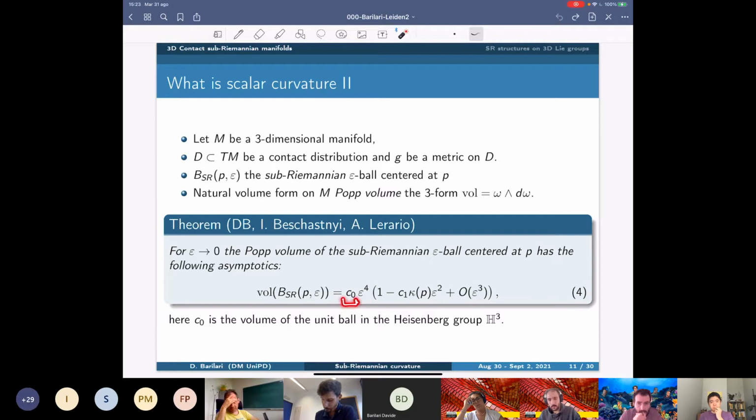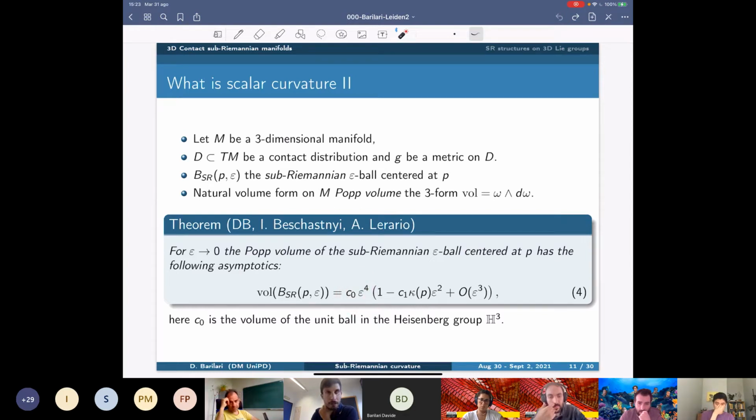Because C0 is the volume of the unit ball in the Heisenberg group, and since the Heisenberg group has a Lie group structure and a good homogeneity with respect to rescaling, the ball of radius r is r to the power 4 times the volume of the ball of radius 1. So this is, say, the model space. I will comment on this later.